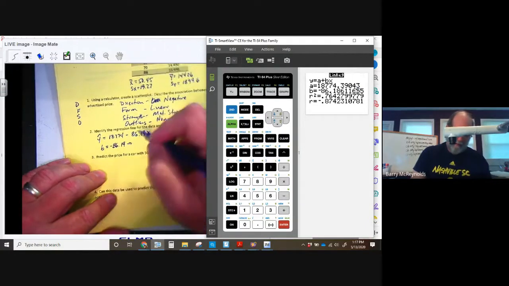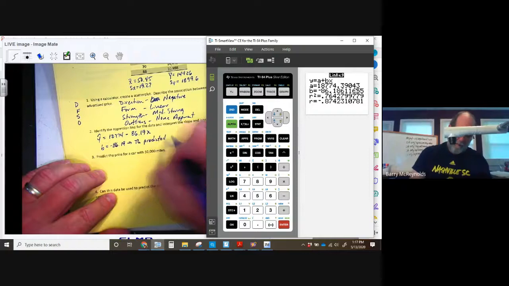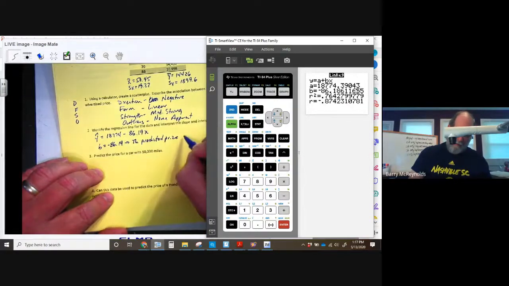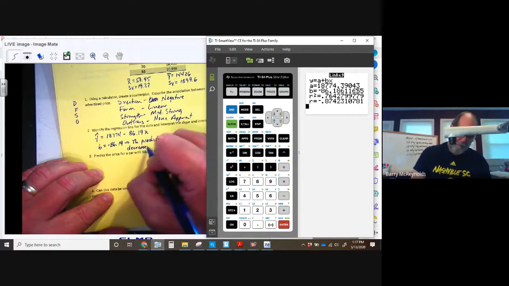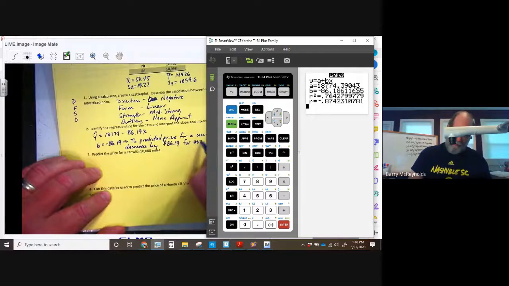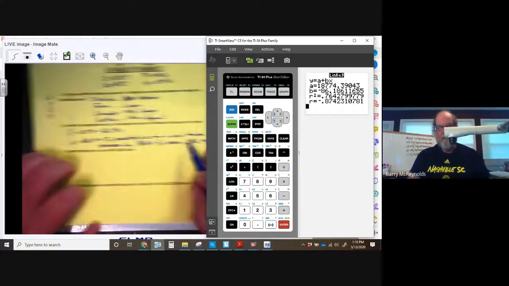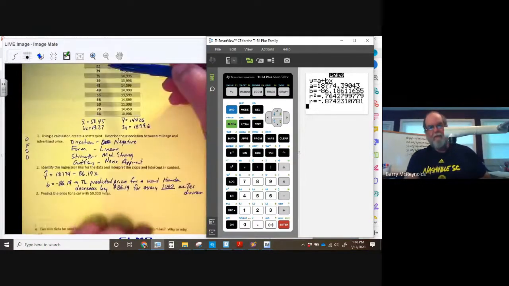And that means that the predicted price for a used Honda decreases by $86.19 for every 1,000 miles driven.